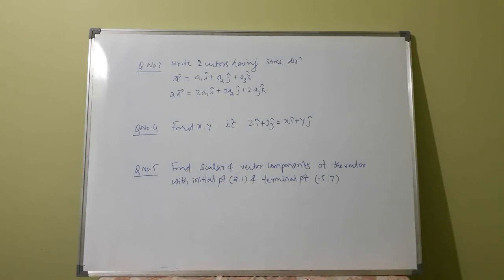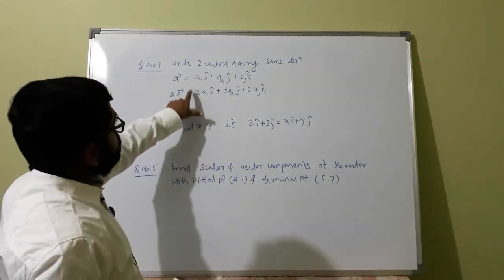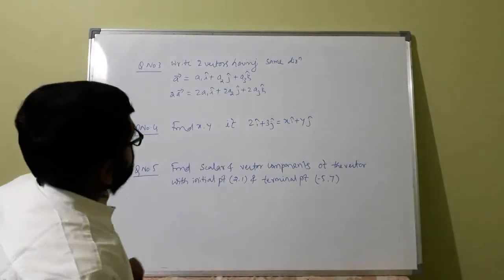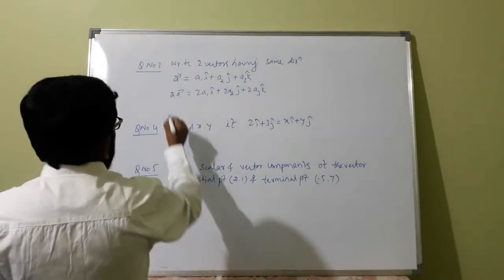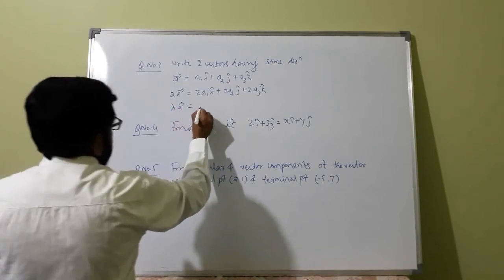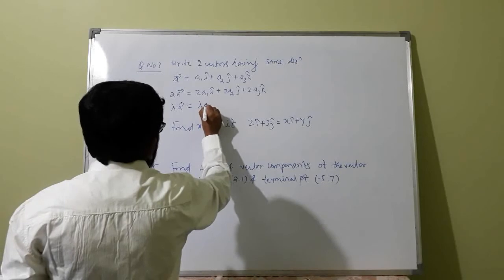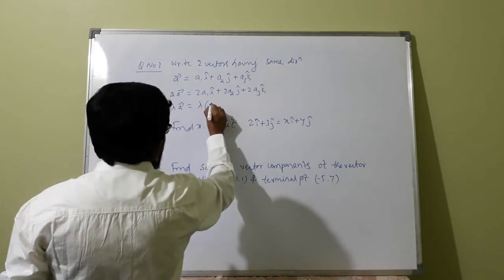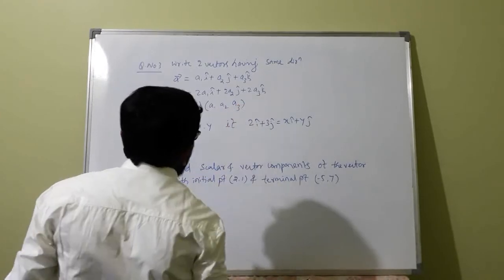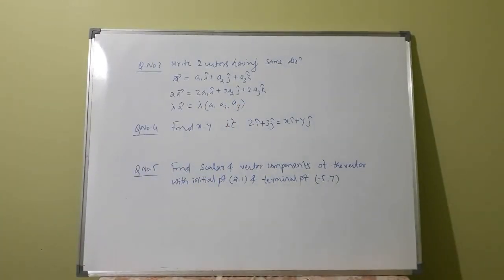The ratio should be the same, 2 by 1, 2 by 1, 2 by 1. Similarly, lambda A1, A2, A3.